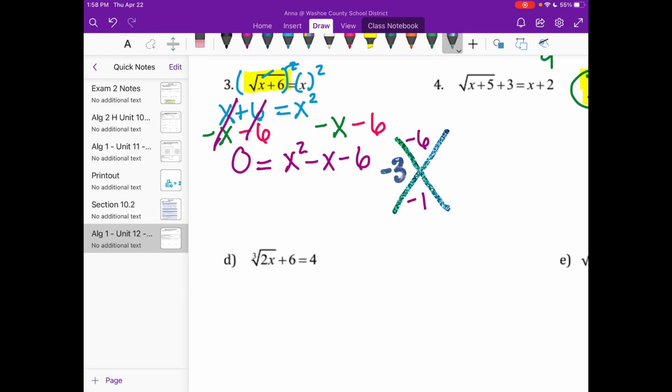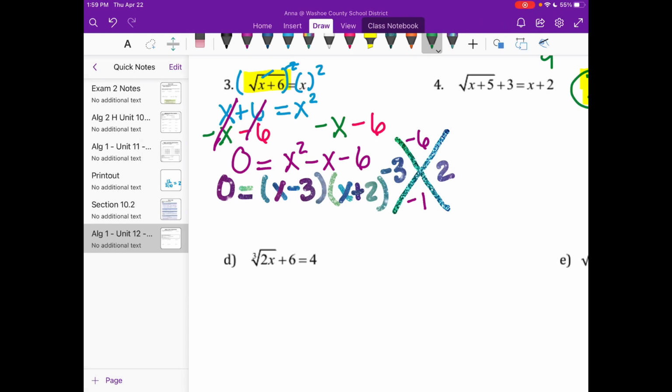Yes, I have -3 and +2. -3 times 2 is -6. Good. -3 plus 2 is -1. Also good. So this is a shortcut, so I can go straight to parentheses. So 0 equals x minus 3 and x plus 2.